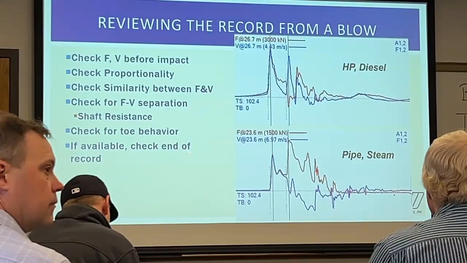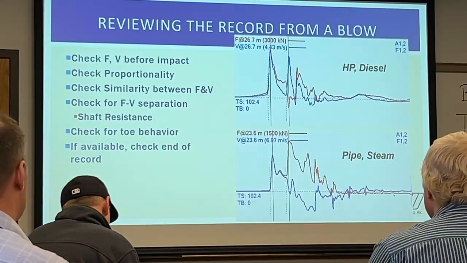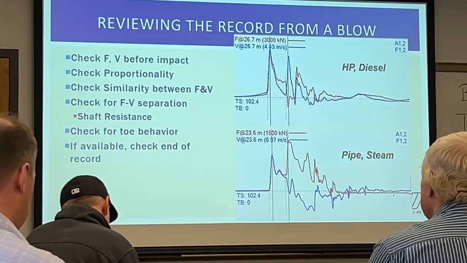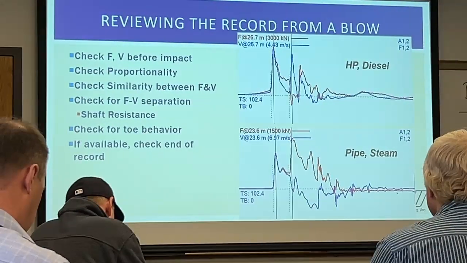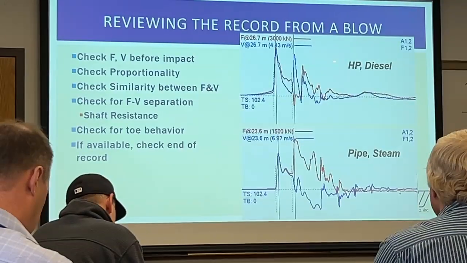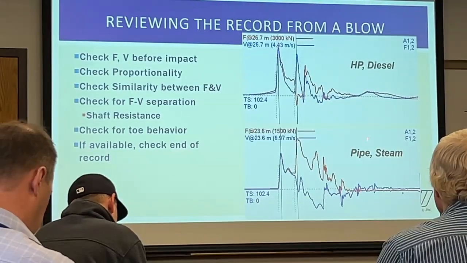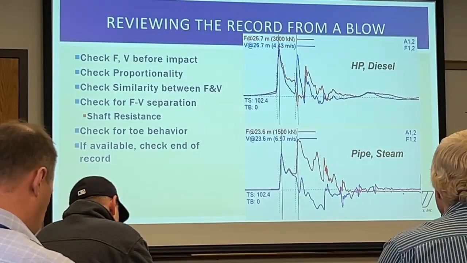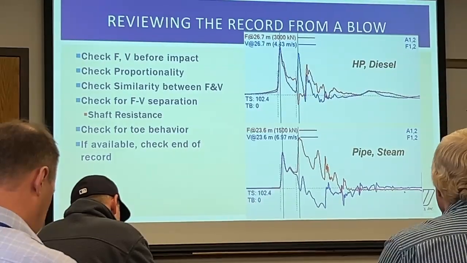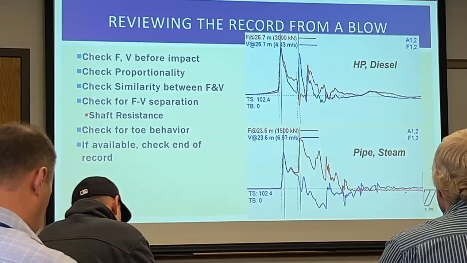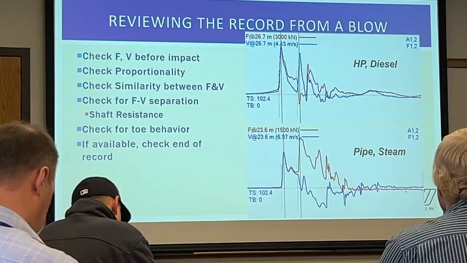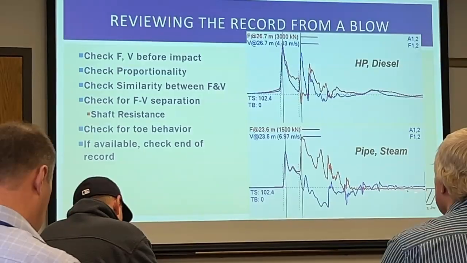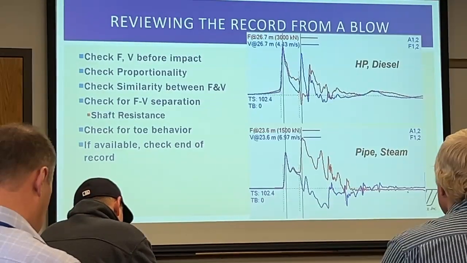And then, if it is available, and I say if it is available, we have recorded it, but when we do CAPWAPs, we don't always include it in our record. Sometimes we might cut the record off somewhere around here, so that we can see the detail in the early and important portion of the record. But if it's available, it's worth checking the end of the record to see that everything goes back to zero.